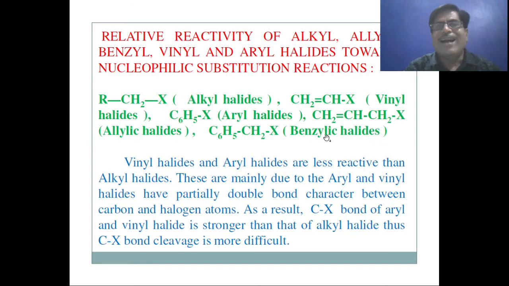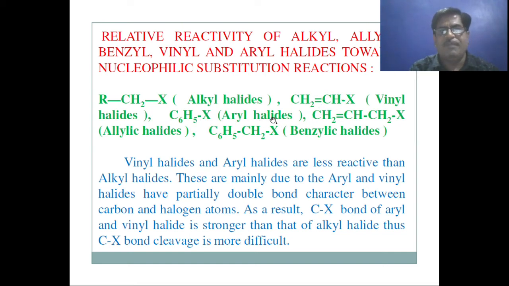And the last topic of this chapter is the relative reactivity of alkyl, allyl, benzyl, vinyl and aryl halides towards nucleophilic substitution reaction. So the general form of alkyl halide is CH2X. CH2=CHX is called vinyl halide.